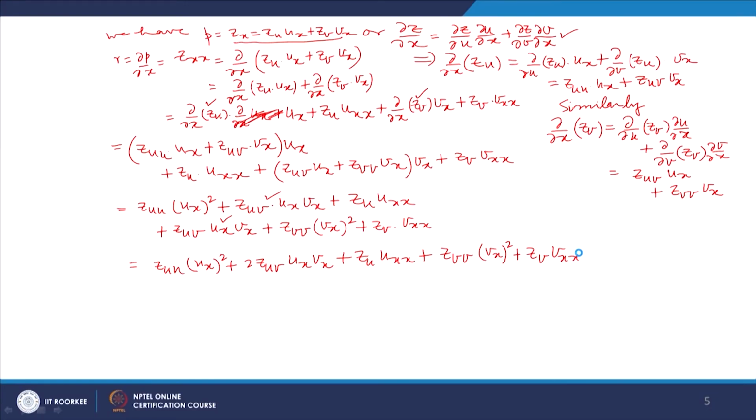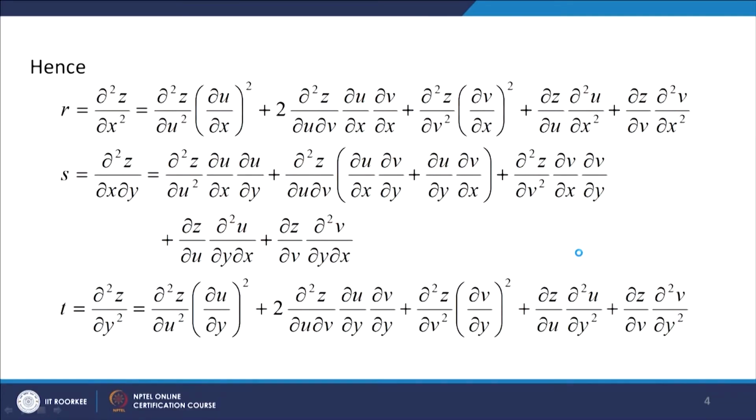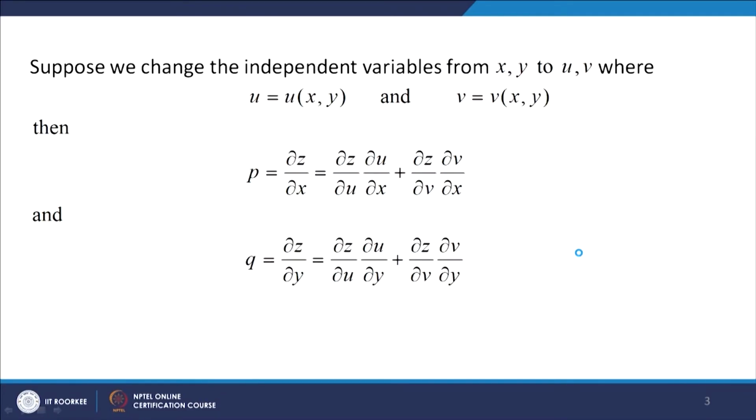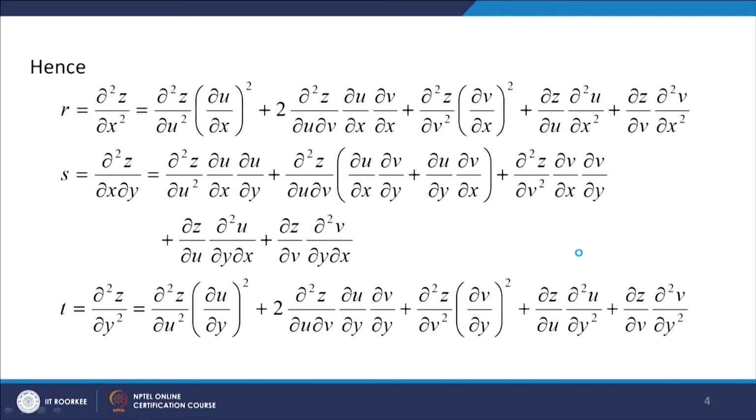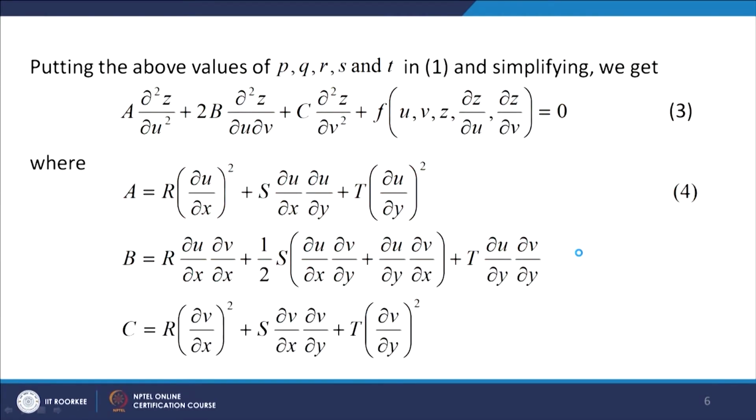You can similarly find the other two second order partial derivatives s and t. The procedure is the same. Now, let us put these values of p, q, r, s, t. We have found the values of p, q, r, s and t. Let us put these values in equation 1.